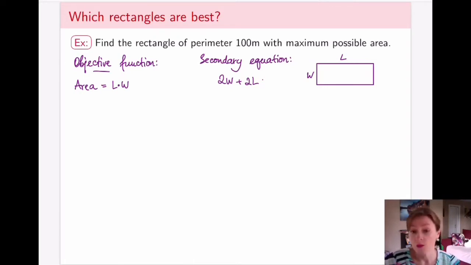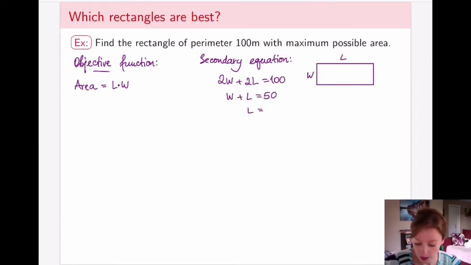Generally, there might be some considerations as to which variable is better or easier to solve for. This equation is very symmetric for L and W, so it really doesn't matter. Let me solve it, for example, for L. So I'm going to divide everything by 2, first of all.